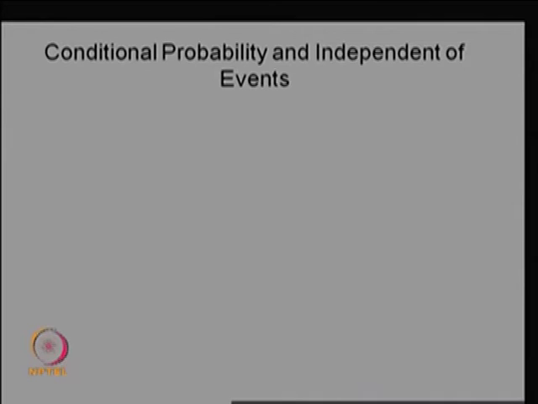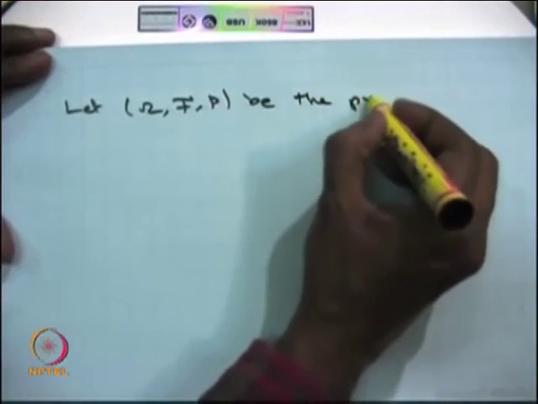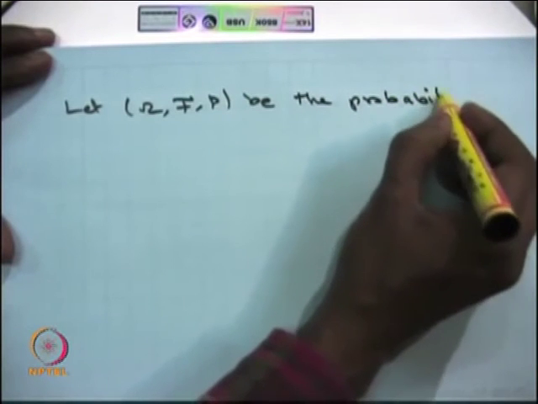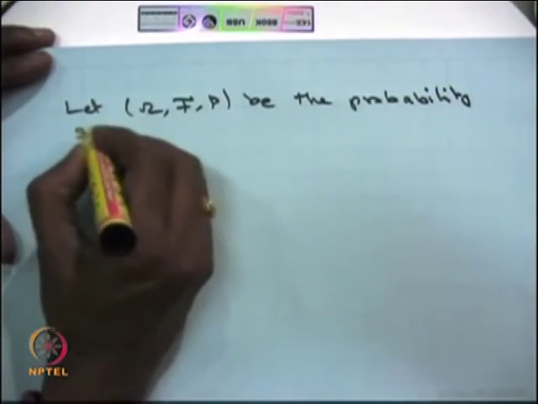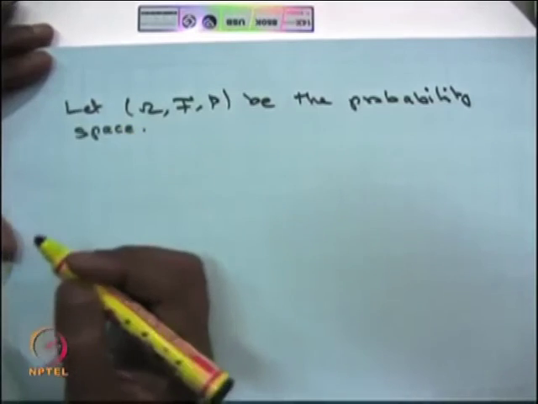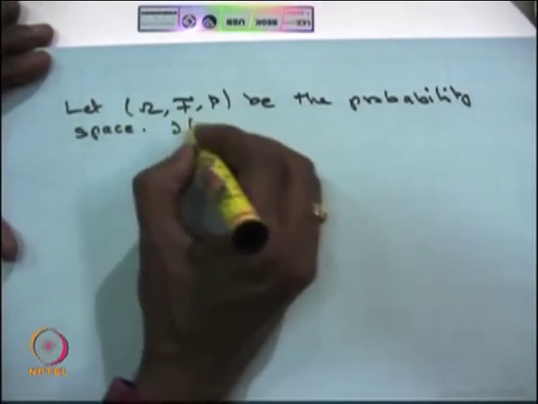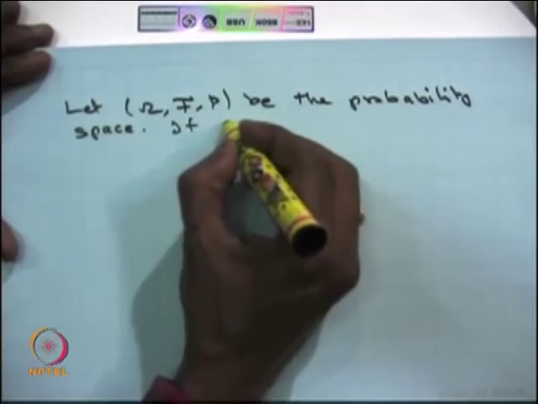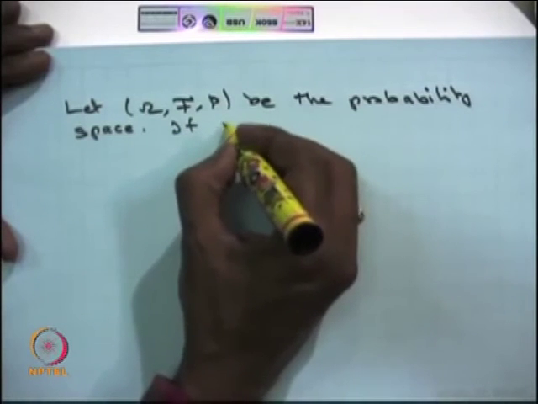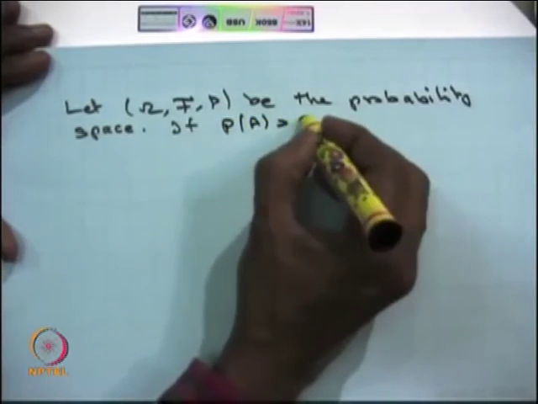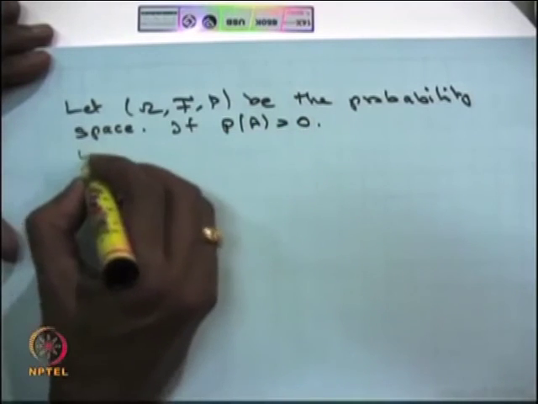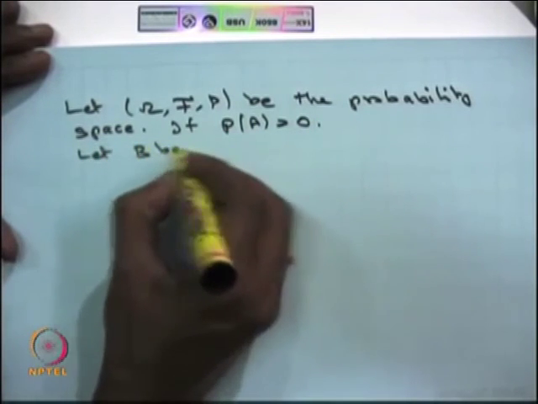Next, I am moving into the concept called conditional probability. Suppose you have a probability space, and if P of A is greater than 0, then let B be an event.